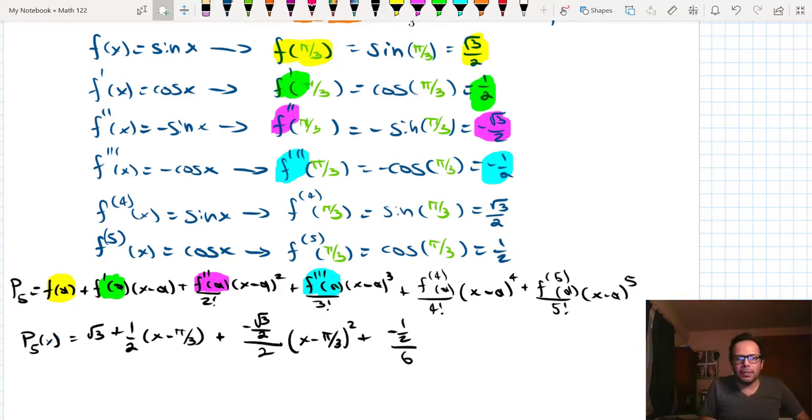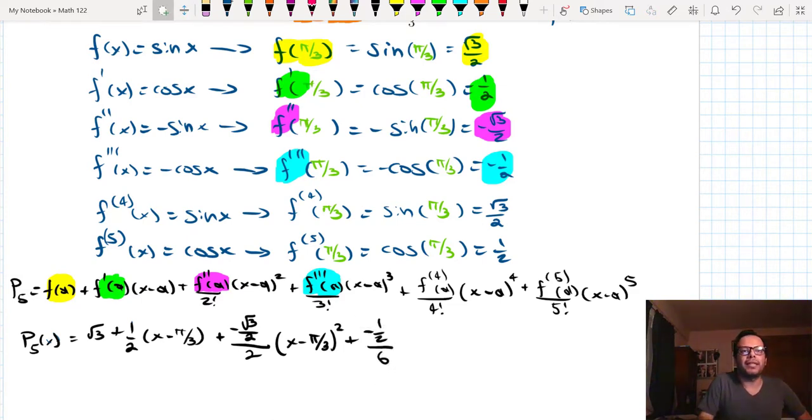Okay, let me start making some space here. And that times x minus pi over 3 to the third power.